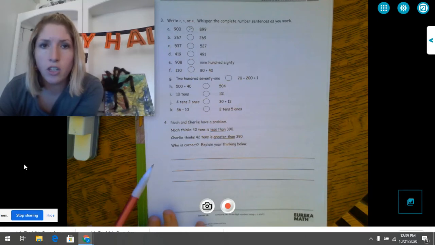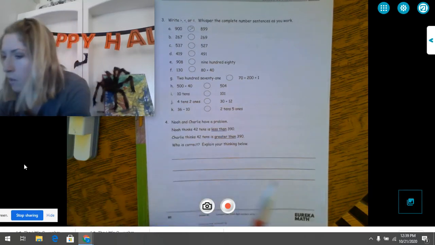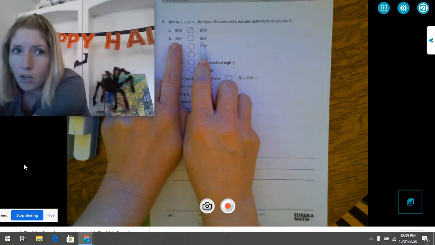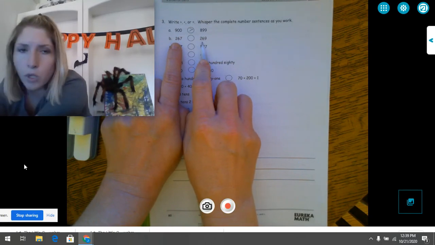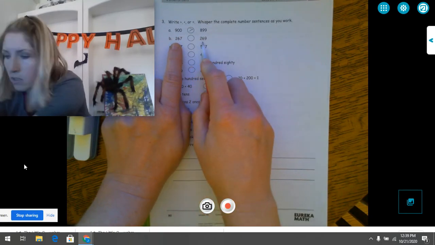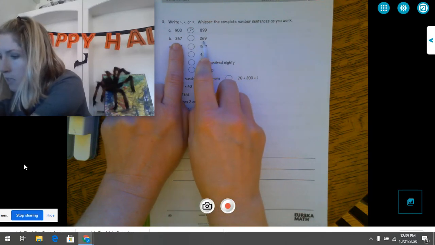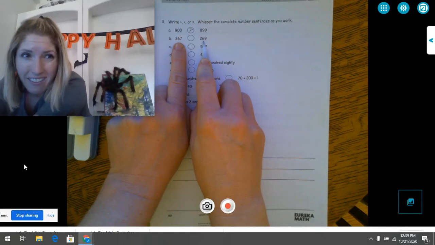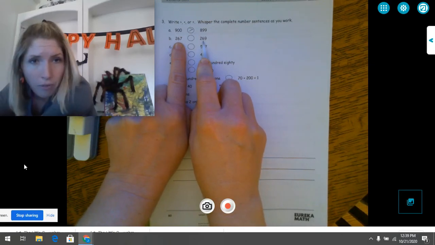267 and 269. So let's look at the hundreds place first. And they both have a 2 in the hundreds place. So we can't figure out which one's greater just from looking at the hundreds. So we go next to the tens. And they both have a 6 in the tens. And that looks exactly the same. So then we think, maybe these numbers are equal.